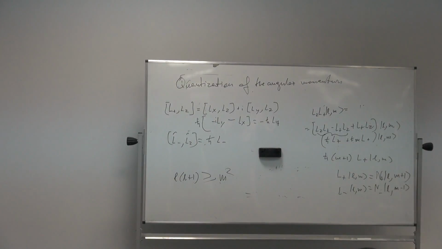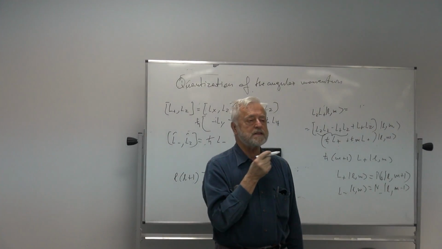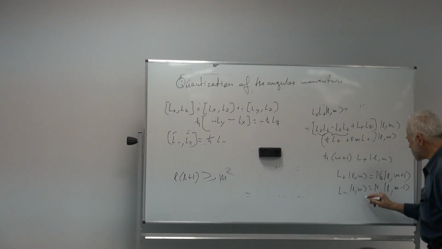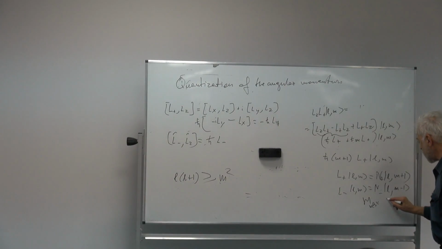Or acting with L minus and decreasing m, I will again blow the floor, so to say, by getting too huge, in absolute value, negative m. Okay, what can prevent this? What can prevent this is the presence of m max and m min.